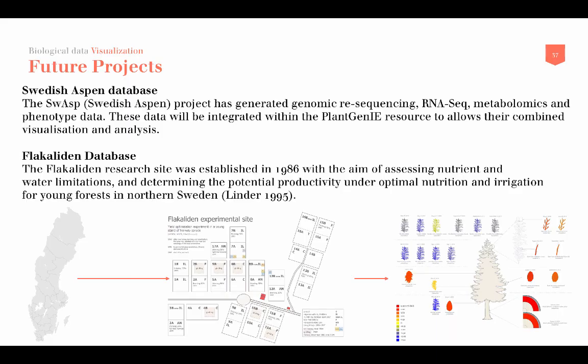With that, I will be working on two future projects. One is the Swedish Aspen Genome Project, which is newly resequenced data which has RNA-seq, metabolomics and phenotype data. This data will be integrated within the PlantGenie resource to allow their combined visualization and analysis.